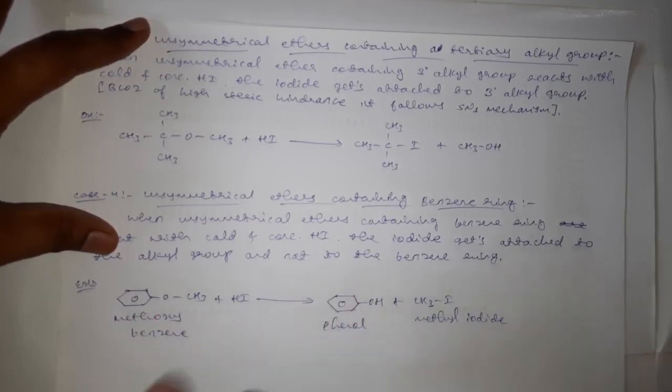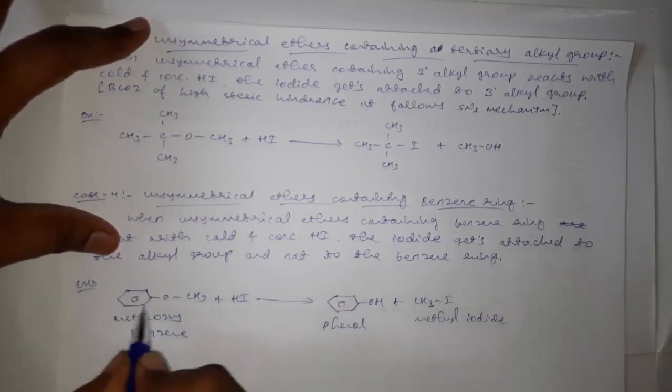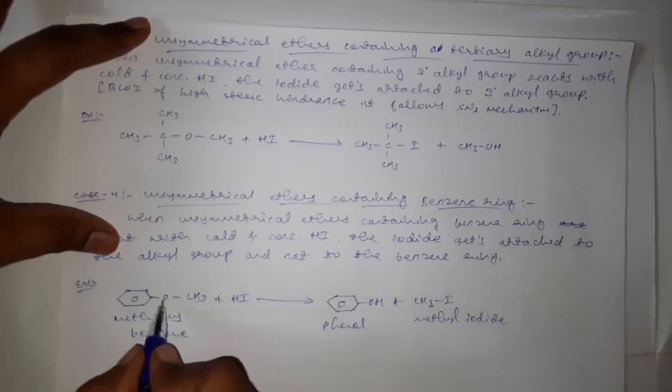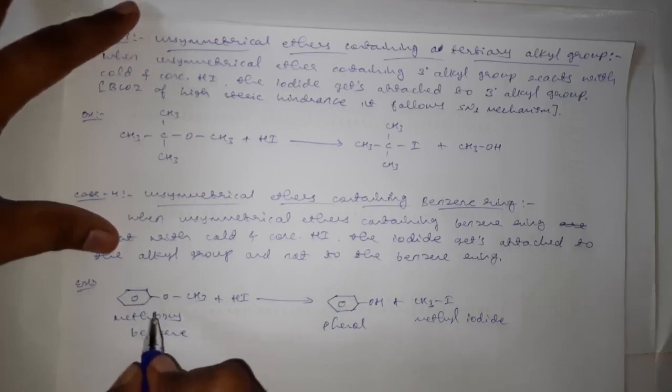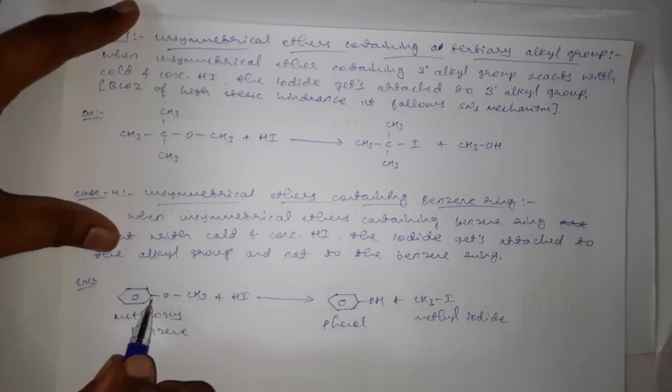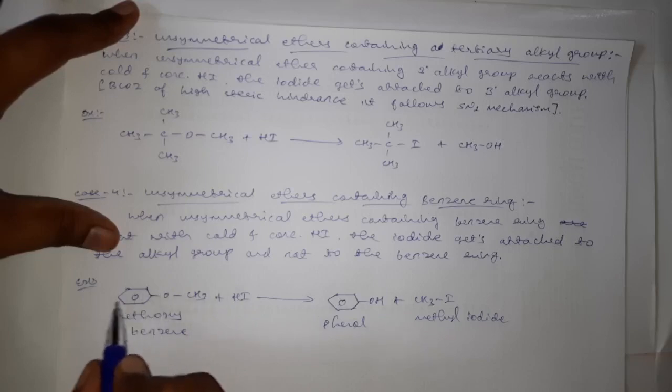The reason for this is the bond between this benzene and oxygen is very difficult to break, because of the resonance between the lone pair of electrons present on the oxygen with the benzene ring. This bond has somewhat a double bond character.